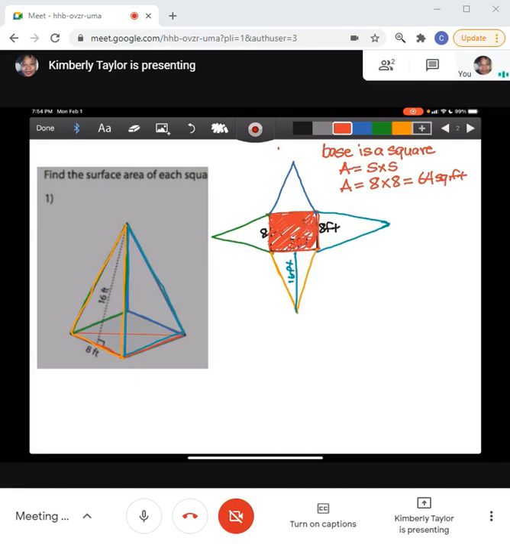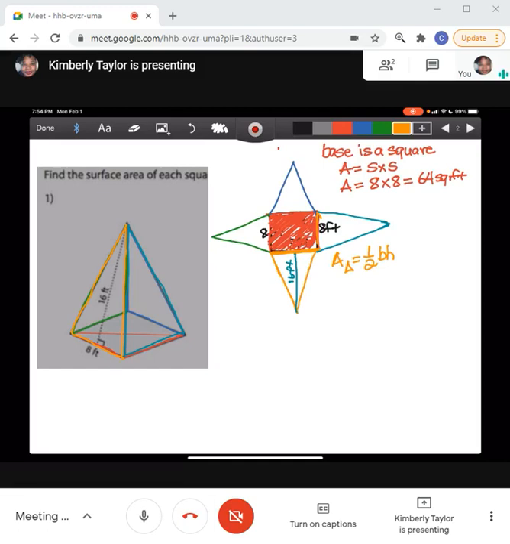Now, let's do the yellow that's here in the front. The area of the yellow triangle is going to be 1/2 base times the height. The base is 8 feet because everything is going to be 8 feet, because we're working with a square.